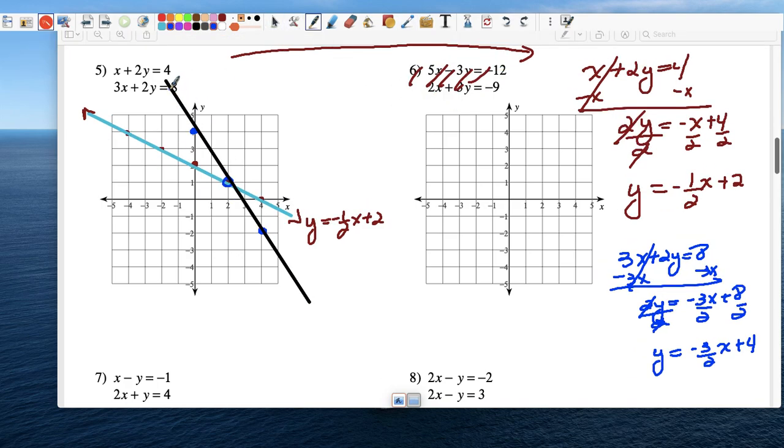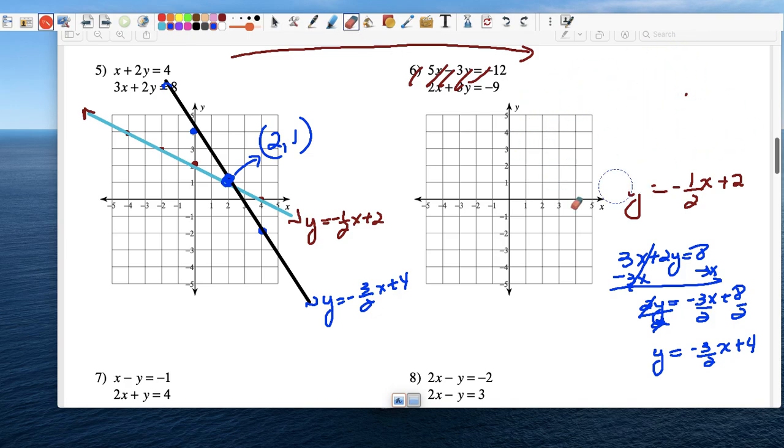Okay. Arrow. Let me give it a name. y equals negative 3 over 2x plus 4. Right? And then our point of intersection is this point right here, and I'll put an arrow, and that's the point 2, comma 1. So that point apparently would satisfy both equations.